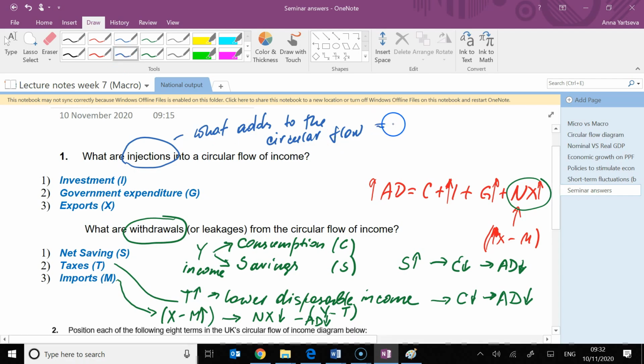These are the things which will increase aggregate demand. And withdrawals are things which reduce aggregate demand and make it lower. Three of which: investment, government expenditure, and exports, are injections or additions to the circular flow, and savings, taxes, and imports are withdrawals or leakages.